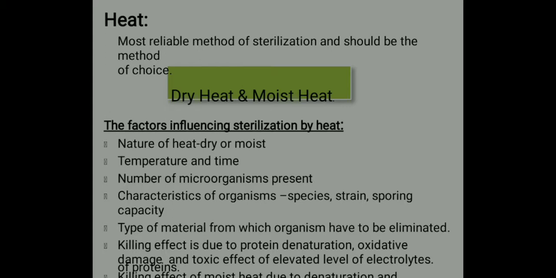Next we have the number of organisms present, characteristics of the organism, that is species, strain, sporing capacity. Next we have the type of material from which organisms have to be eliminated. The killing effect of dry heat is due to protein denaturation, oxidative damage and toxic effect of elevated levels of electrolytes. Killing effect of moist heat is due to denaturation and coagulation of protein.